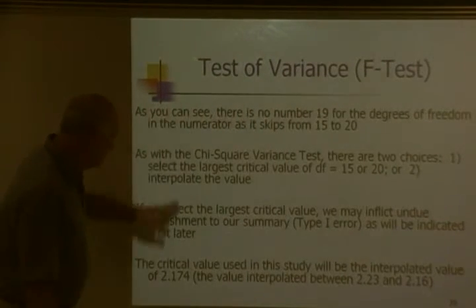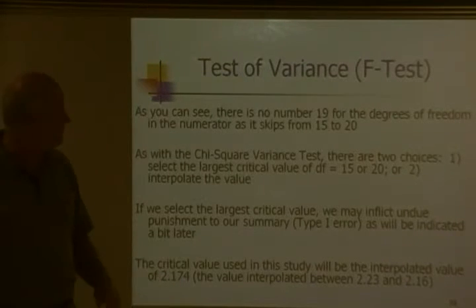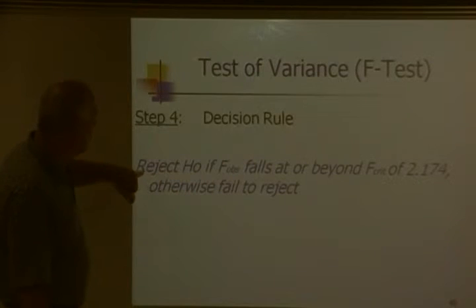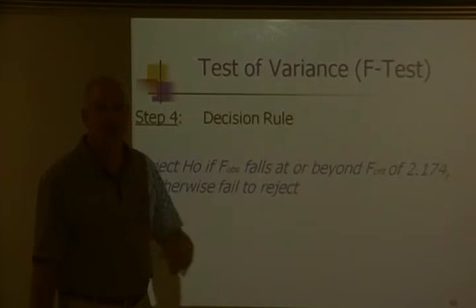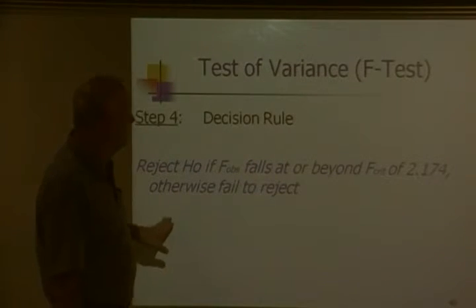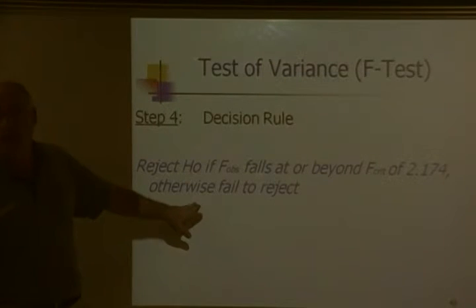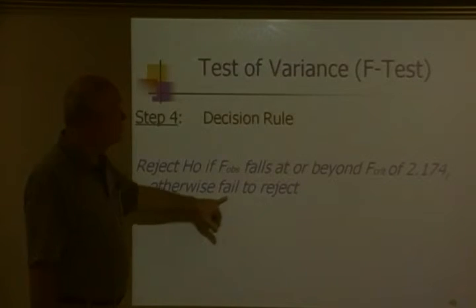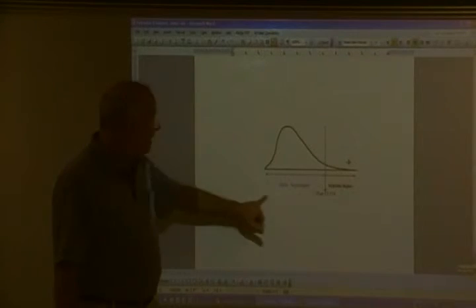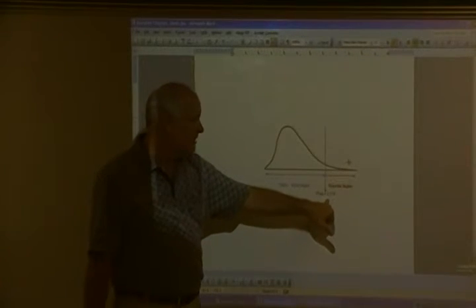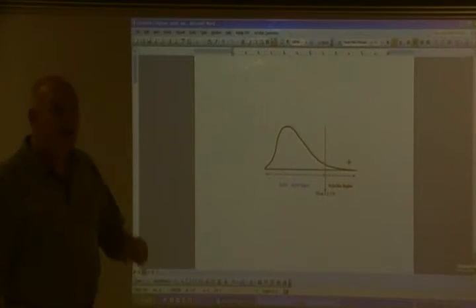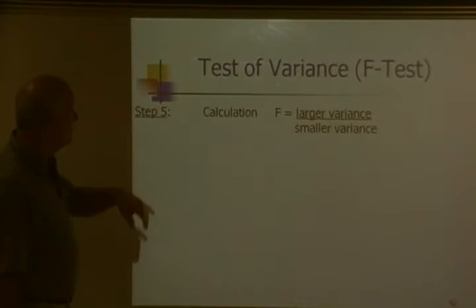Interpolating that value, it comes out to 2.174. So our decision rule is to reject the null hypothesis if the F observed value falls at or beyond the F critical of 2.174, the interpolated value. Otherwise, we fail to reject. There's our rejection region and our critical value, 2.174. Anything that falls to the right of that, we reject the null hypothesis.